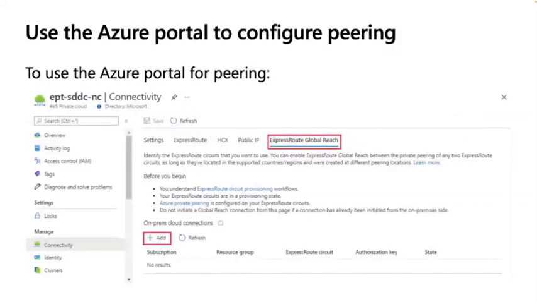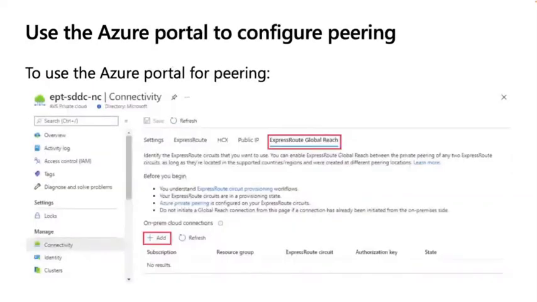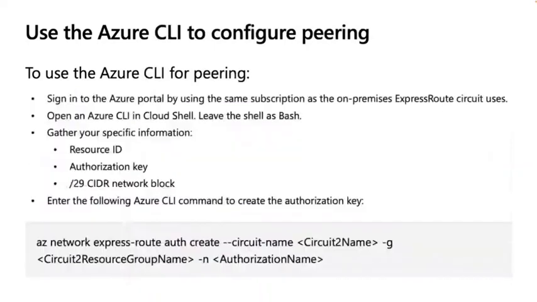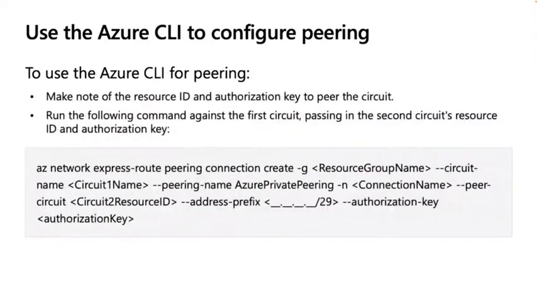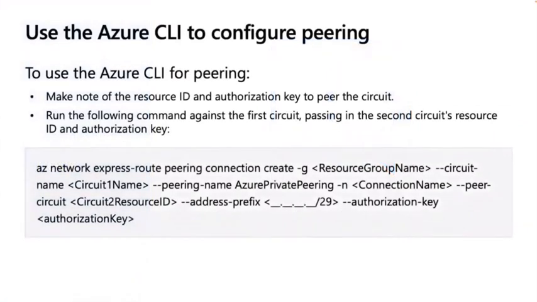So we go to Global Reach, and then you add the key from the other side. Sorry, I only have screenshots for this. There's also Azure CLI, probably some PowerShell. No, CLI. So you can automate this by command line or go through the portal.